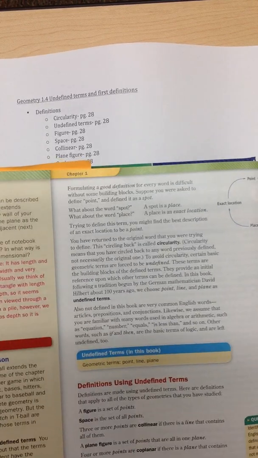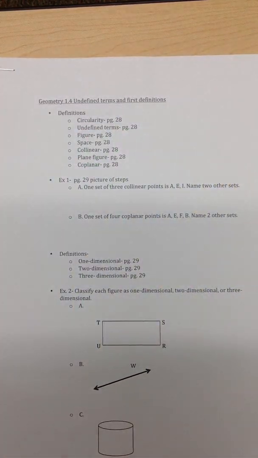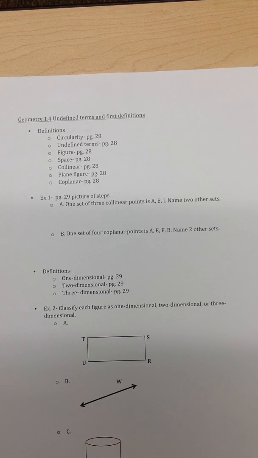So when we do definitions in geometry, we want to try to prevent that. One thing we can do to avoid having circularity in definitions is to use undefined terms. Undefined terms in real life would be like the word the. We don't have a definition for the word the, right?